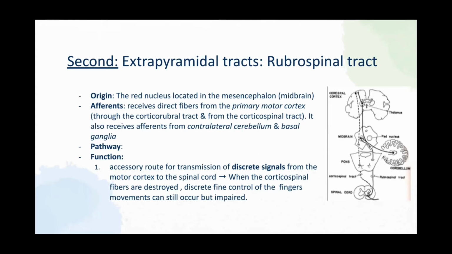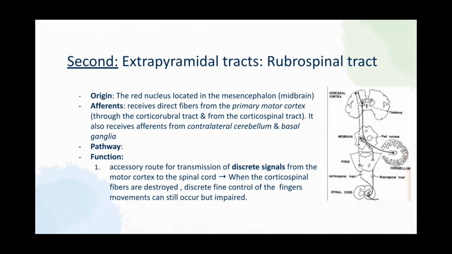Okay, the function is discrete signals from the motor cortex to the spinal cord. So when we have a problem in the corticospinal fibers, discrete fine control of the fingers is lost or impaired. Okay, why is it lost or impaired? Because the corticospinal tract gives afferent here, and it controls the fine movements.